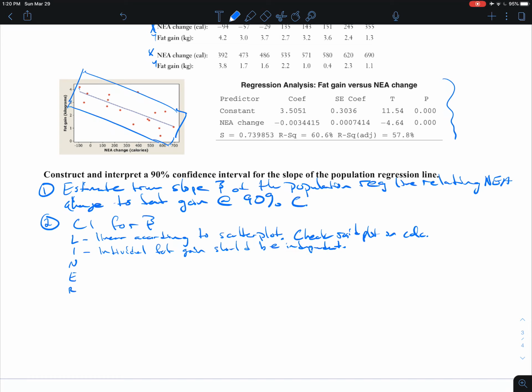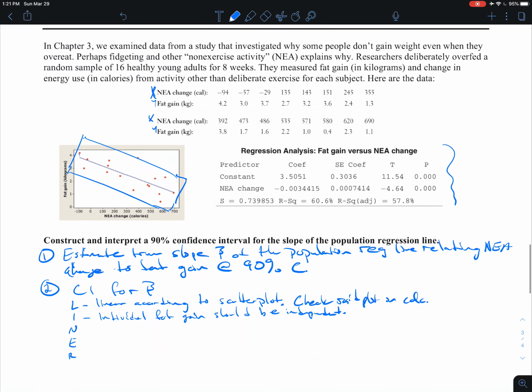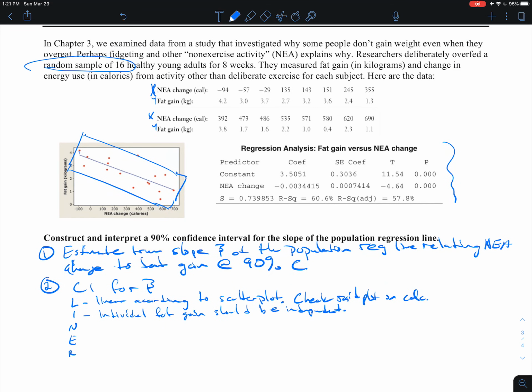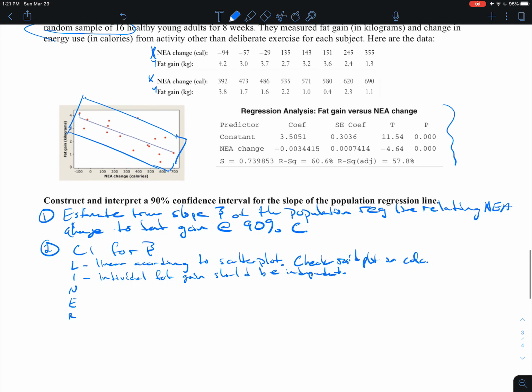If it's truly a randomized experiment, and if we were told that this was a sample, yes we were, a sample of 16 healthy young adults, then we want to say that there's at least 160 similar healthy young adults in the population. So that addresses the independence within the group, and then the independence between individuals there.